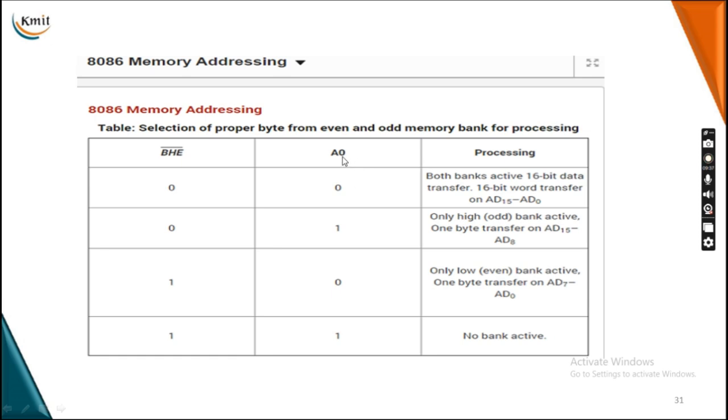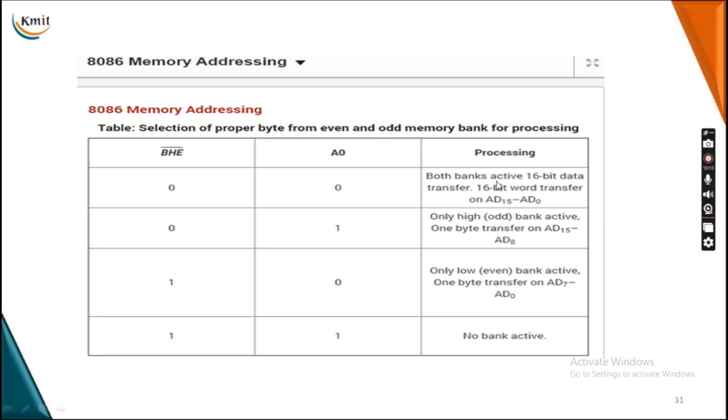So remember one thing: A0 is for low or even, BHE bar is for high or odd. Clear? So if A0 and BHE bar are 0 and 0, if both the enable pins are 0, then both banks are active.